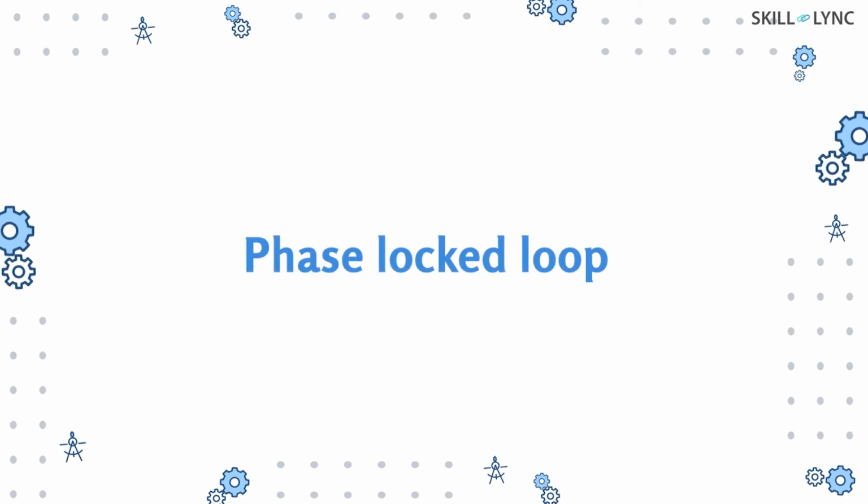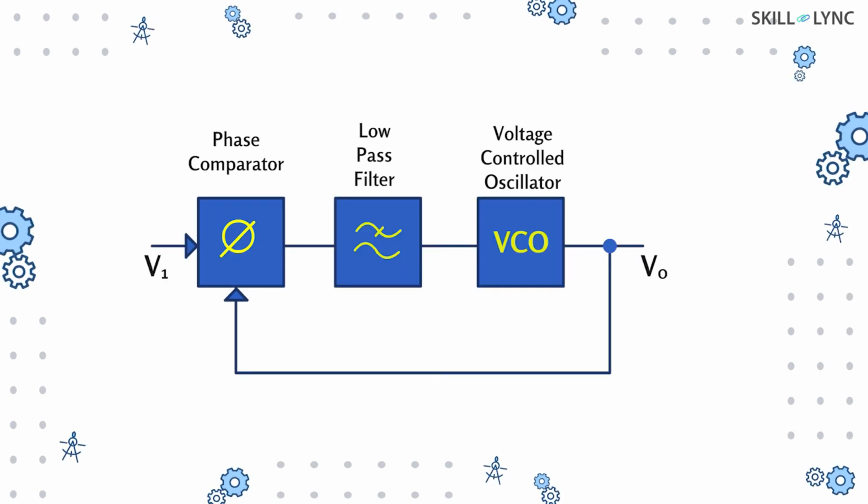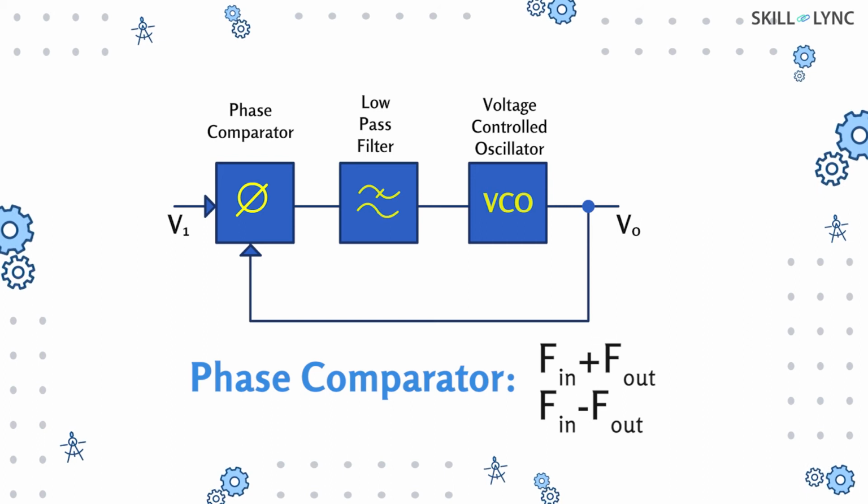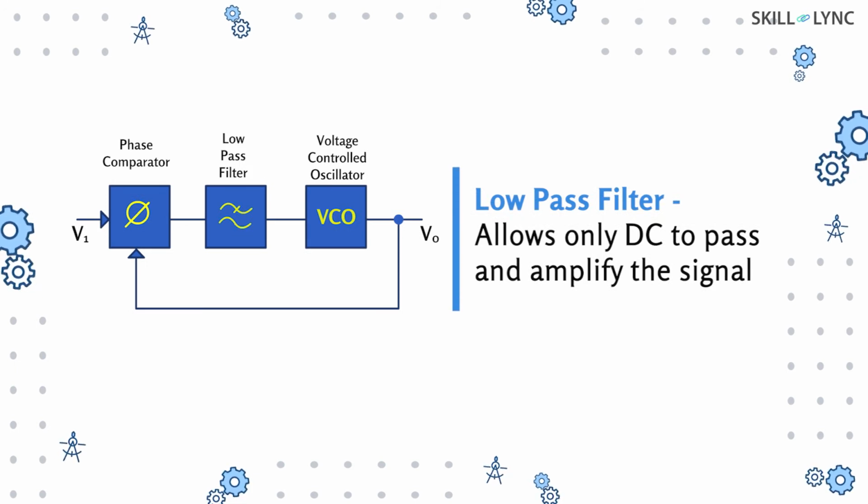The next type of FM demodulator is the phase-locked loop detector, commonly known as PLL. It consists of a phase comparator, a low-pass filter, and a voltage-controlled oscillator. They are used in many electronic devices because of their low cost. The phase comparator produces two frequencies, which are the sum and difference of the input and output frequencies. These frequencies are then passed to the low-pass filter, which only allows DC components to pass through it and also amplifies the signal.